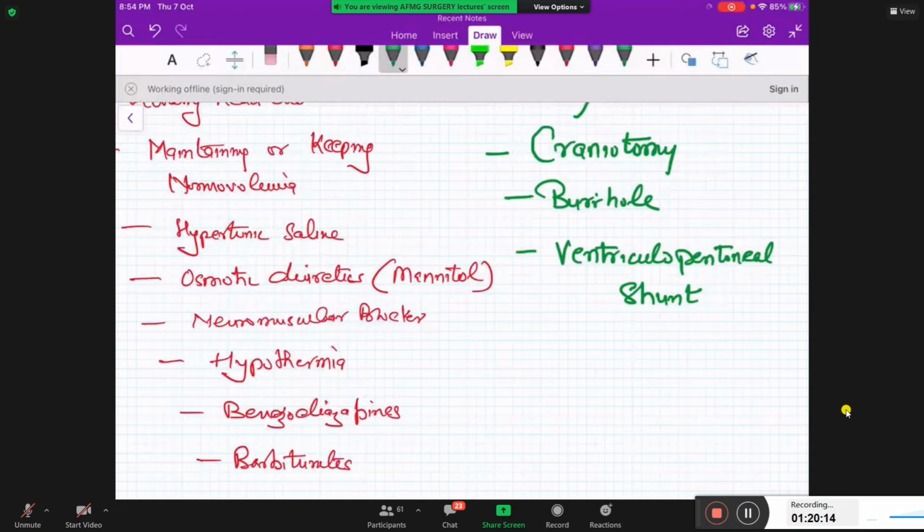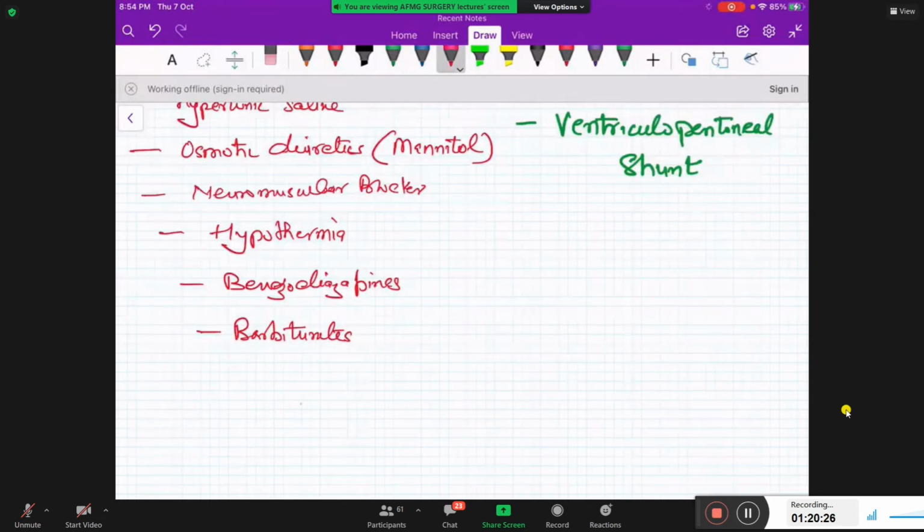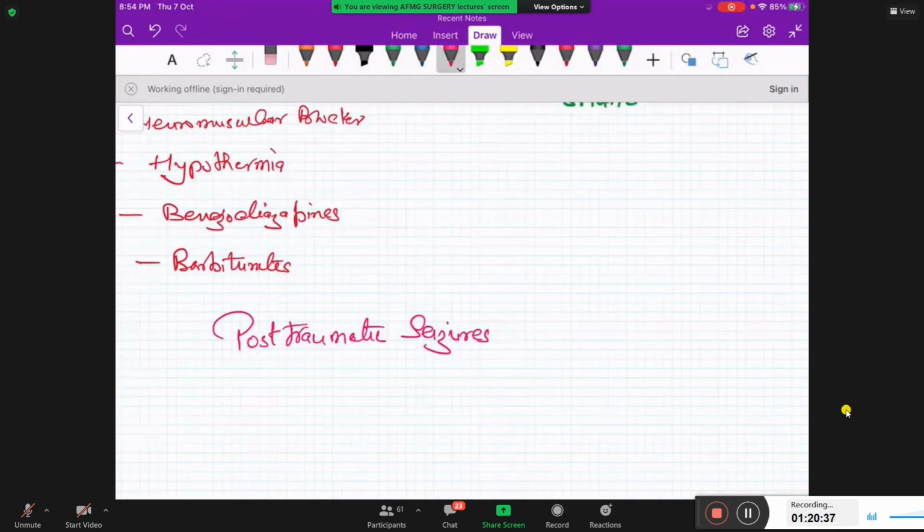Right? Then, a patient of head injury has a risk of developing post-traumatic seizures. A patient of head injury can develop seizures after head injury also.